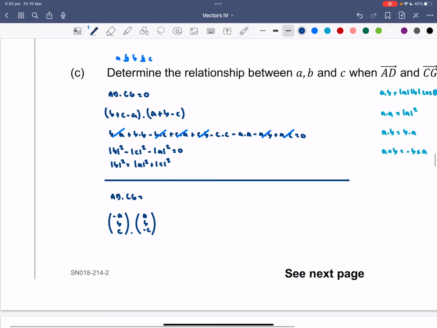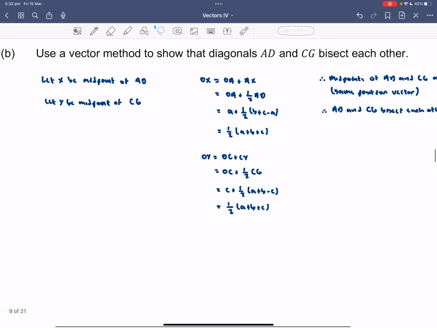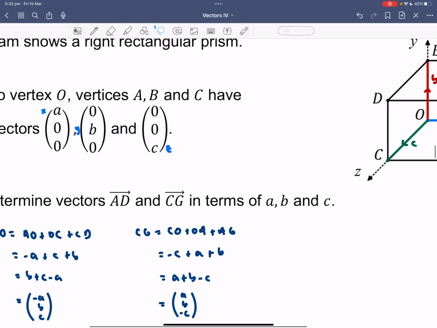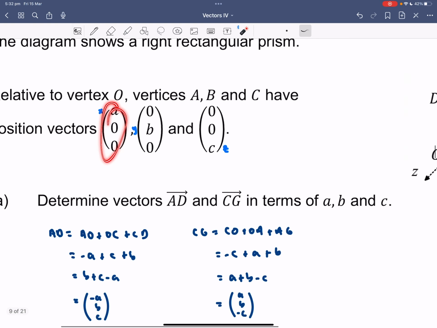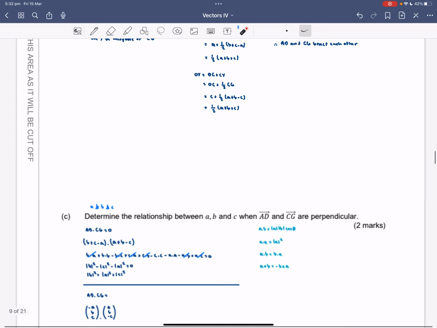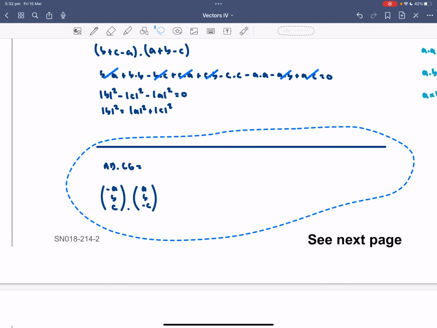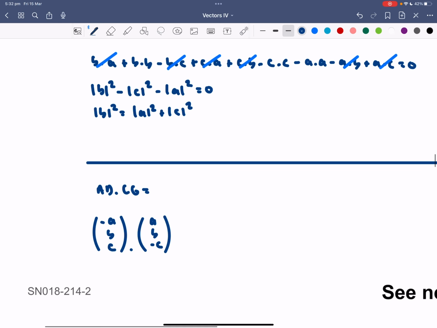Now remember, these are the vectors A, B, and C, and the magnitude of A is A, and the magnitude of B is B, and the magnitude of C is C. So really, I can rewrite this to just B squared equals A squared plus C squared.